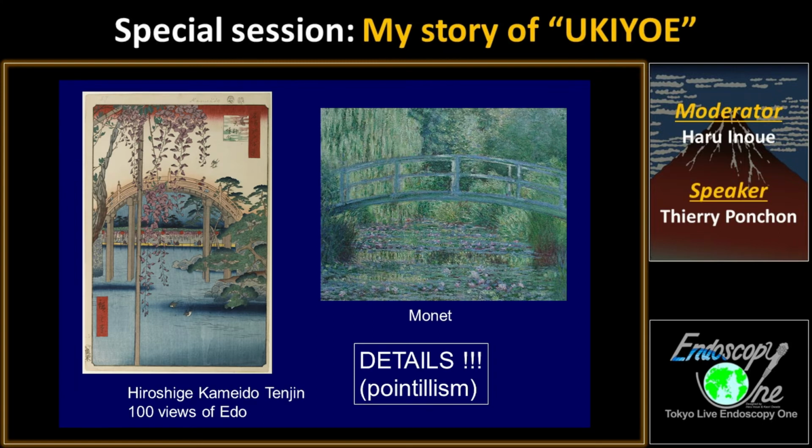If you see this ukiyo-e from Hiroshige, it's more or less exactly the same as the Japanese bridge from the garden of Monet. Plenty of details, and in Impressionists, we call this pointillisme. When you have plenty of details, at the end it's like a photo, and you see a landscape.